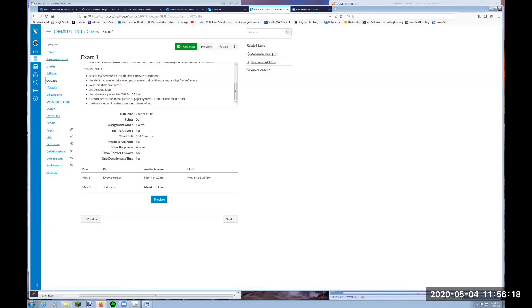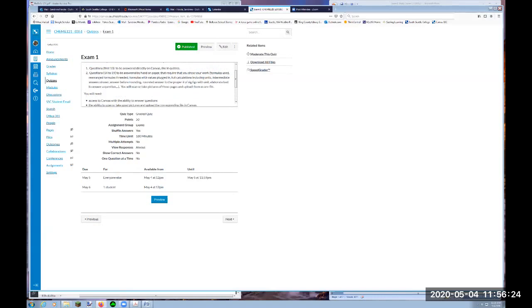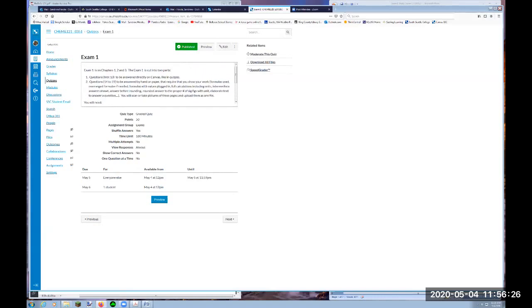But in there, there will be the text for question 14 to 19. And there, that's where you will have the place where you need to upload the file. So it's within the exam. The last question will have the place where you can upload the file.